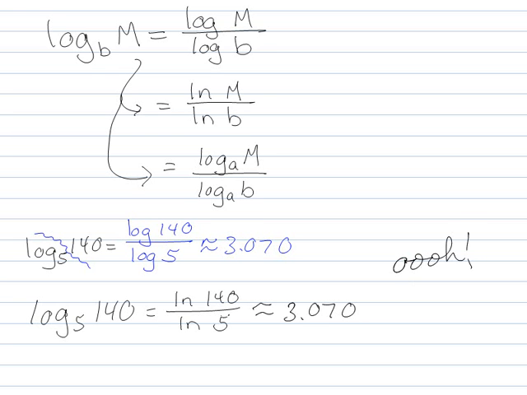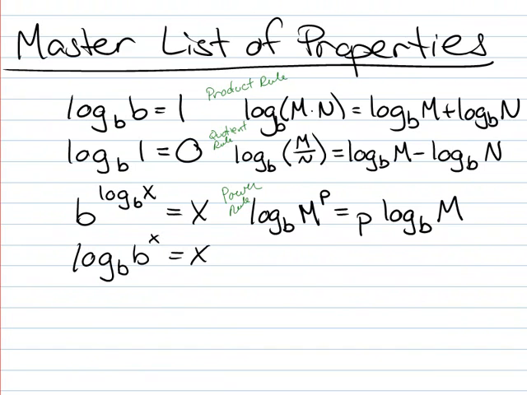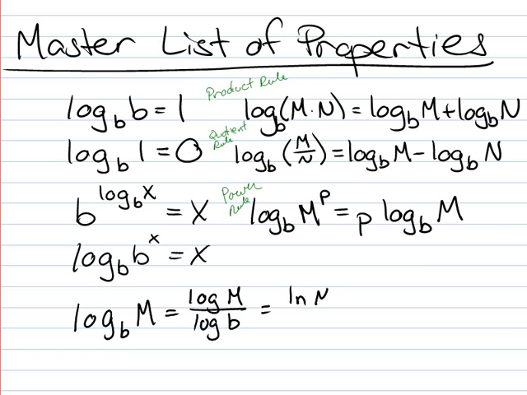And so while we're on the subject, make sure that you've got this straight. Let me go stick this in my master list. So I'm going to need more space, I think. Log base b of m is the same thing as log of m over log of b, or natural log of m over natural log of b, or log base anything m over log base anything b.